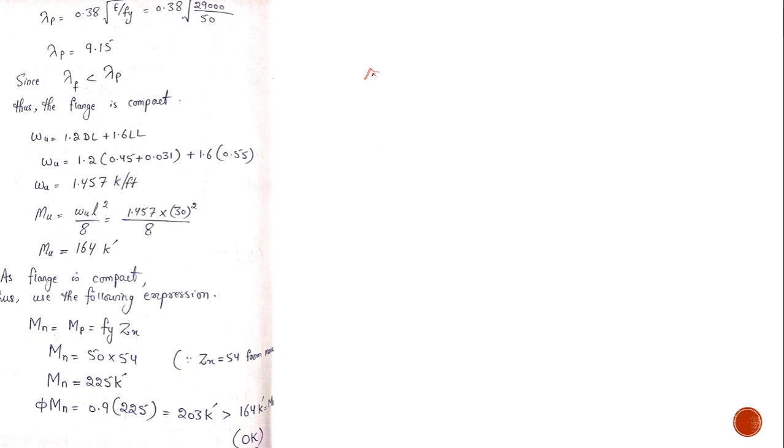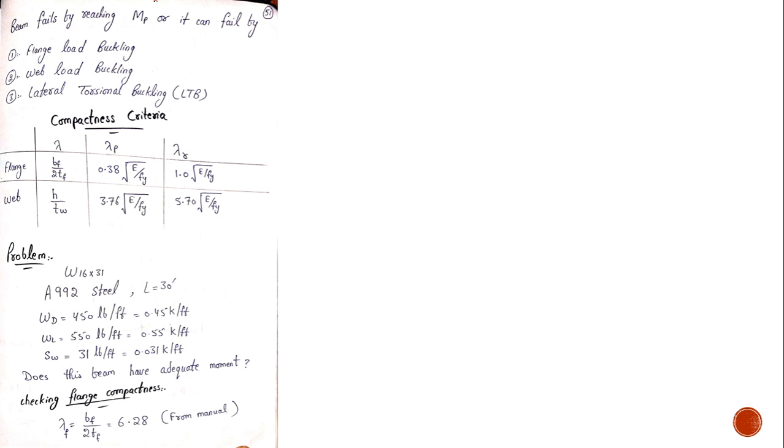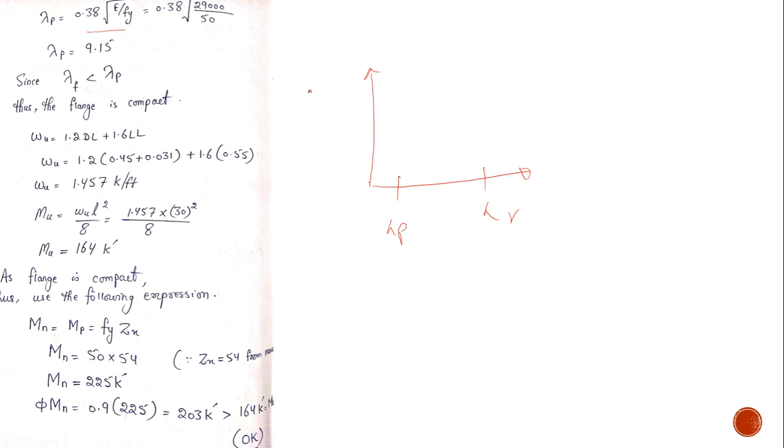Now my job is to find these values, lambda p and lambda r. I calculated lambda p from this formula, and lambda r would be calculated from this formula. My lambda p is 9.15. I don't need to calculate lambda r. Why?